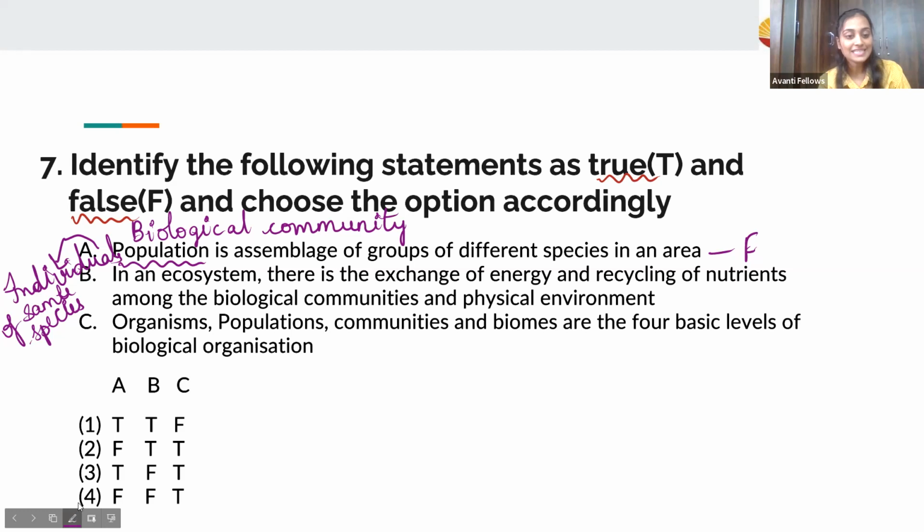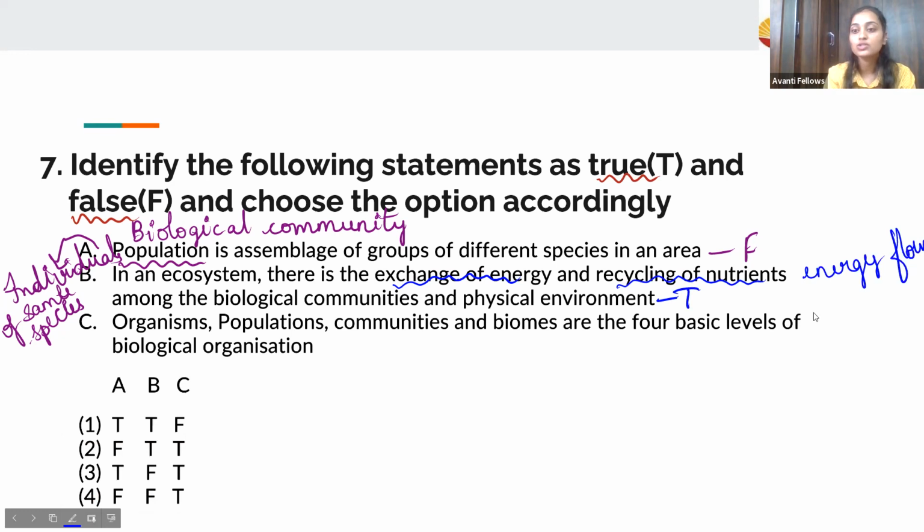The second statement says that in an ecosystem, there is an exchange of energy and the recycling of nutrients among the biological community and the physical environment. Yes, the statement is absolutely true because, as you all know, we have a food chain in our ecosystem and energy flow happens.